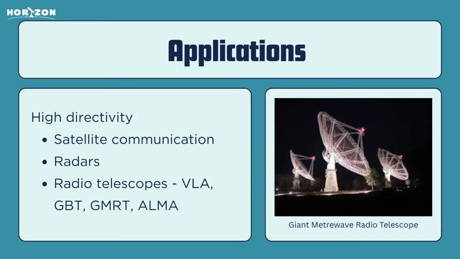Let's take a look at some of the applications of the parabolic reflector. Parabolic reflectors are used in a wide range of areas that require high gain or directivity. They are used in satellite communication because of their high directivity and their ability to collect weak signals effectively.